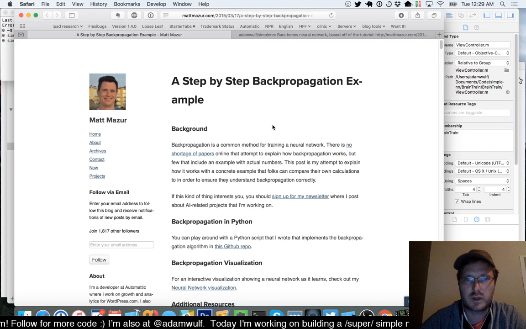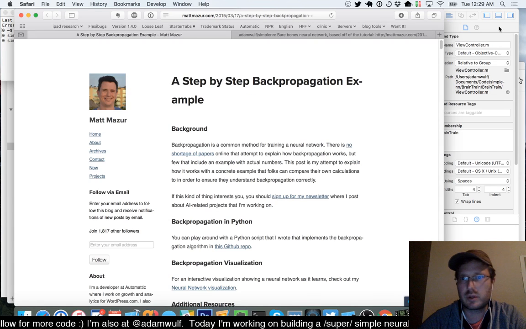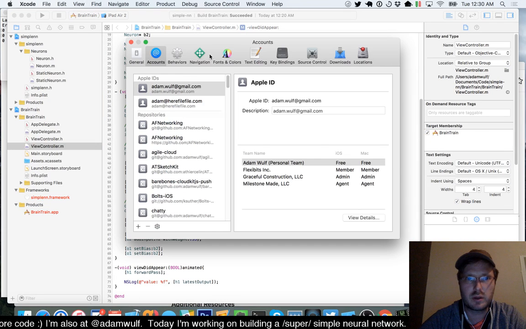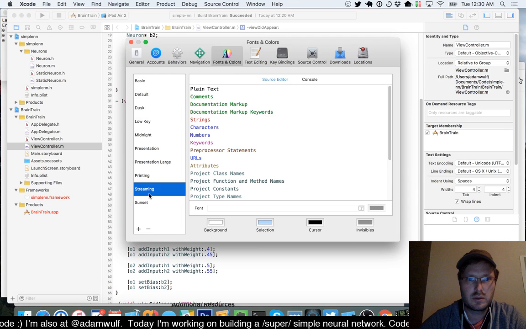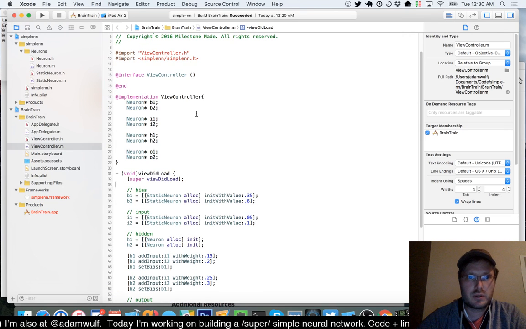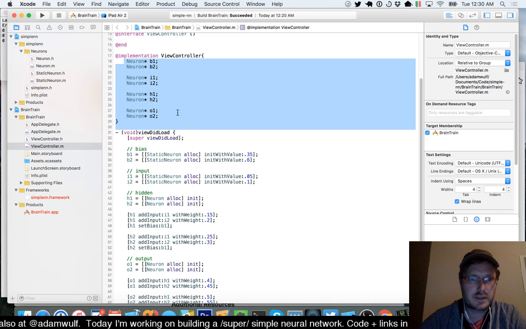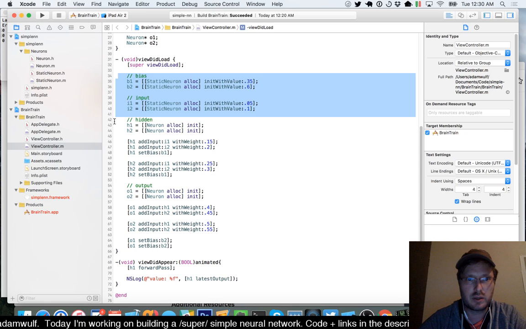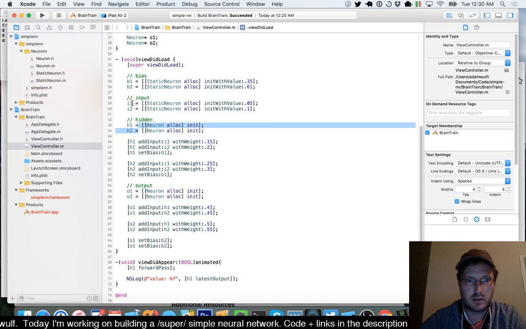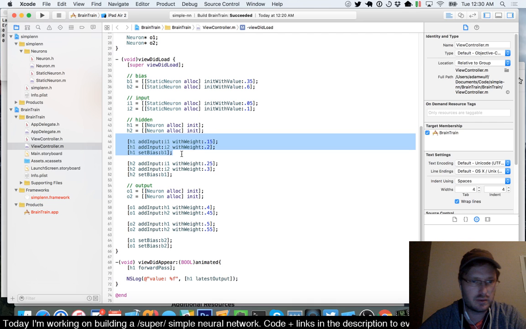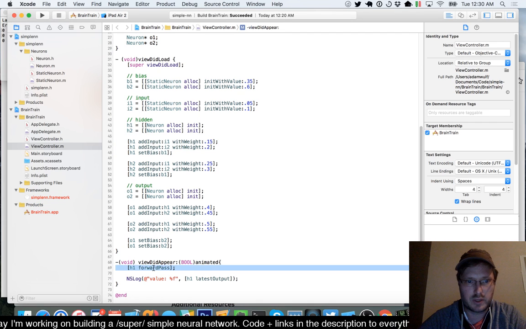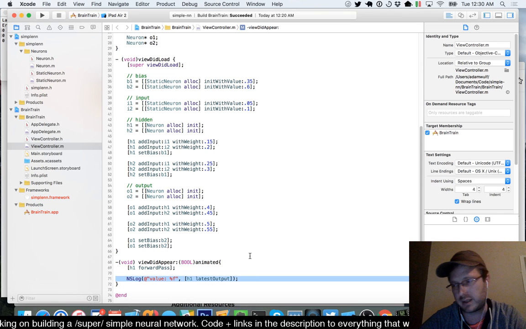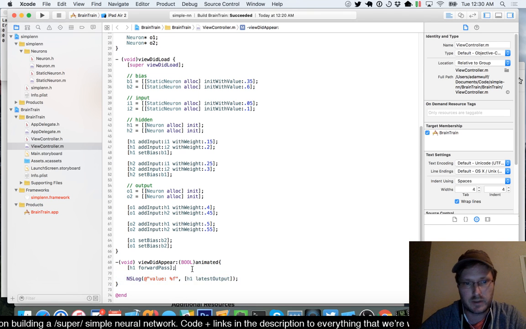So let me show you the code that I have so far. Let me get the text a little bit larger for you. I made a simple neuron class, and then I'm building each neuron here, connecting the neurons here, and then I do a very simple forward pass, like one calculation's worth, and I'm validating that the output matches the guy's input from the tutorial.